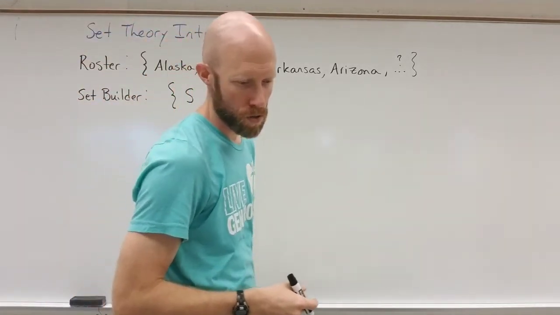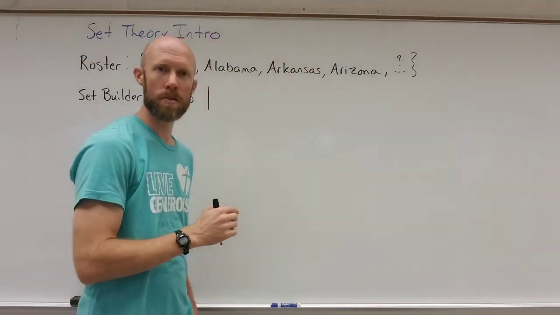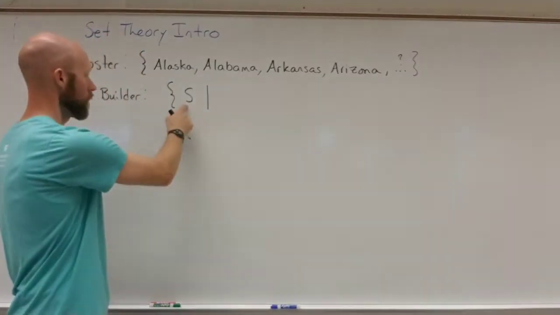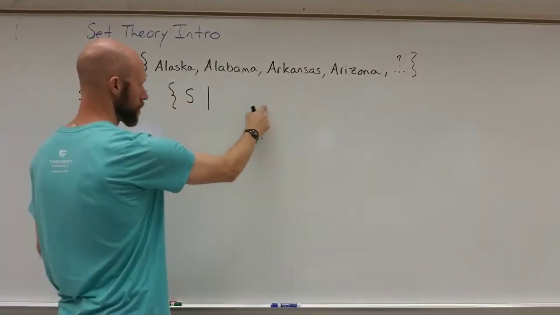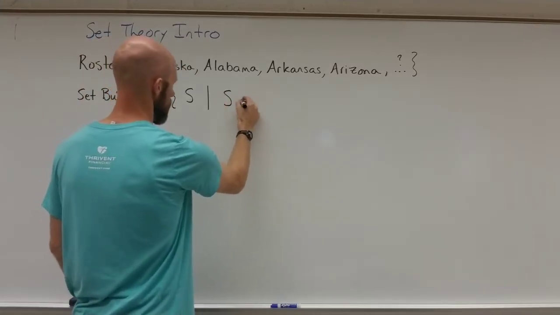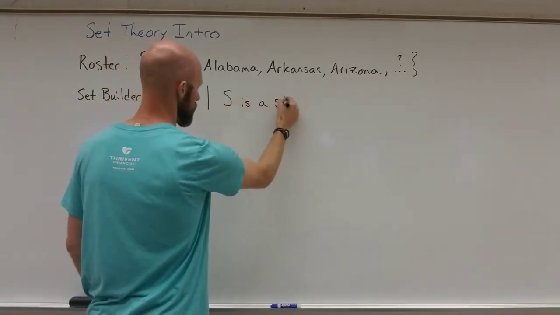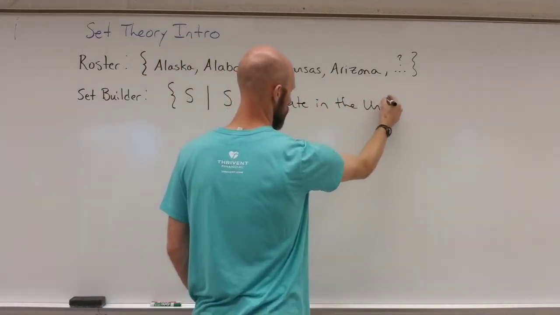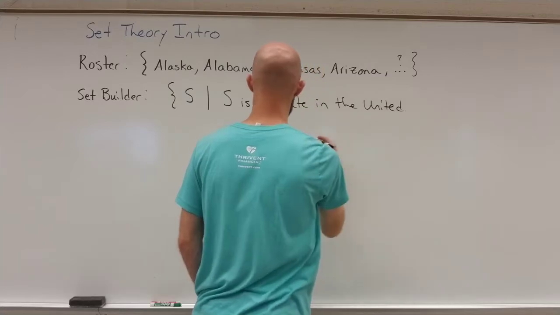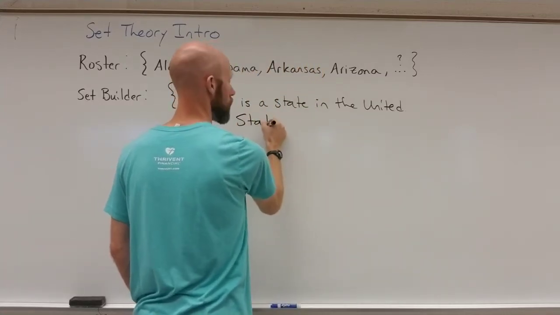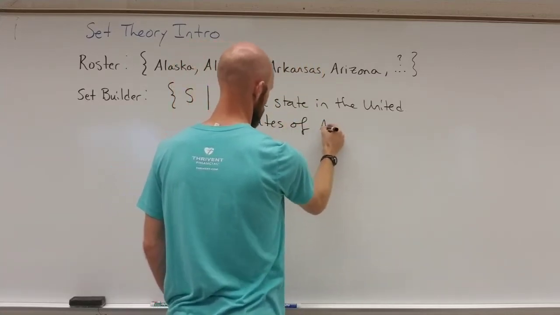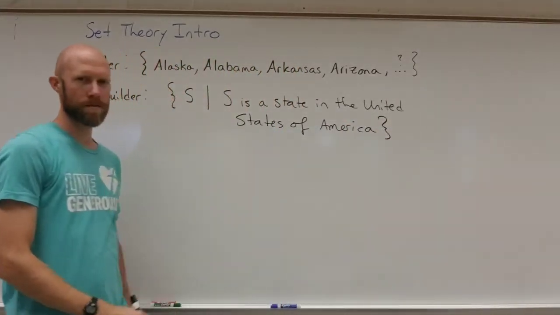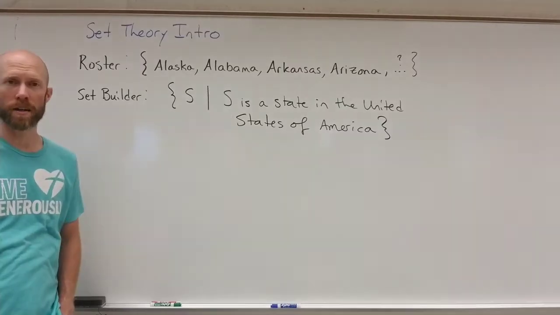Some textbooks use a colon there instead of a bar, but our textbook uses a bar. So S, and then over here I might say S is a state in the United States of America.